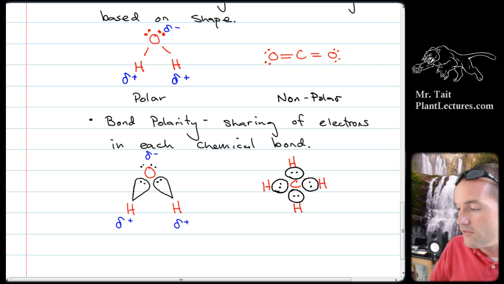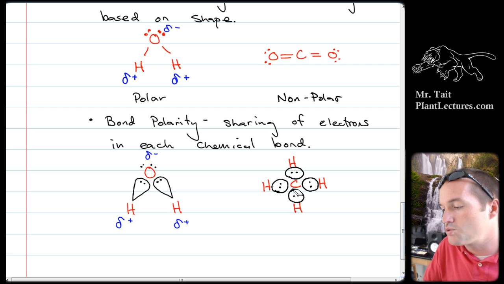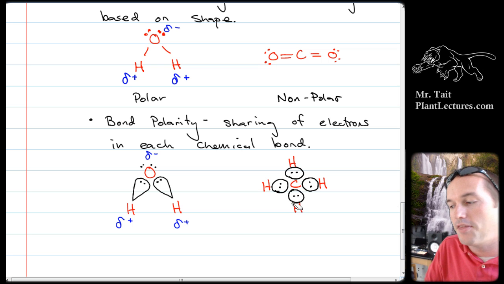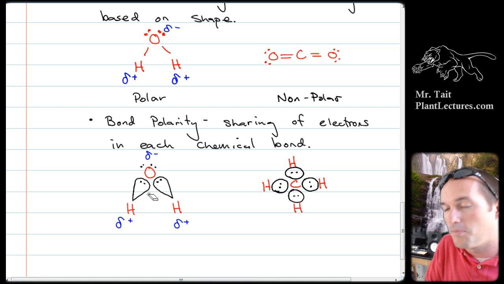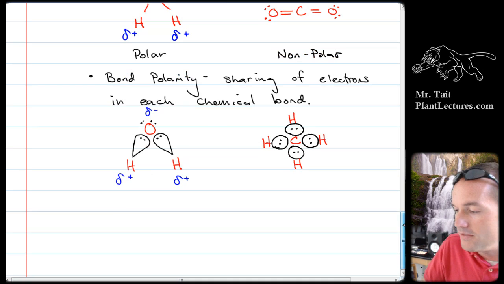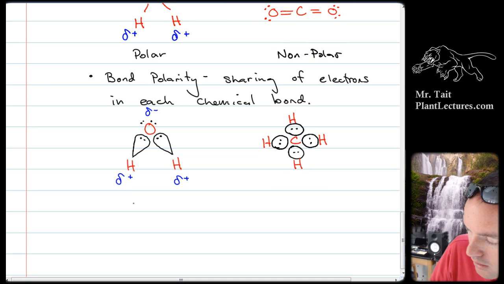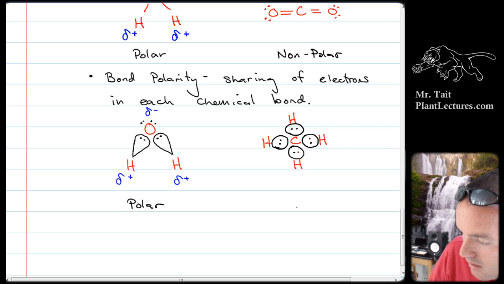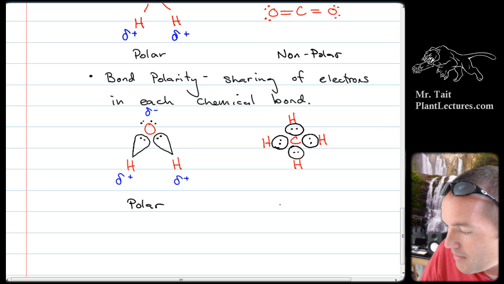So each of the individual bonds between carbon and hydrogen in methane are nonpolar, as well as being a nonpolar shape, tetrahedral. Each of the individual bonds in the water are polar, as well as being a polar shape. So that means that the water is going to be superpolar, and the methane is going to be super nonpolar.